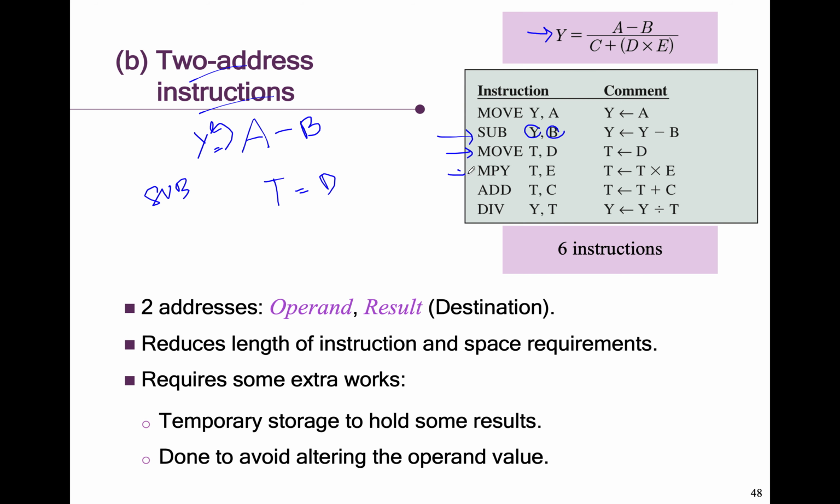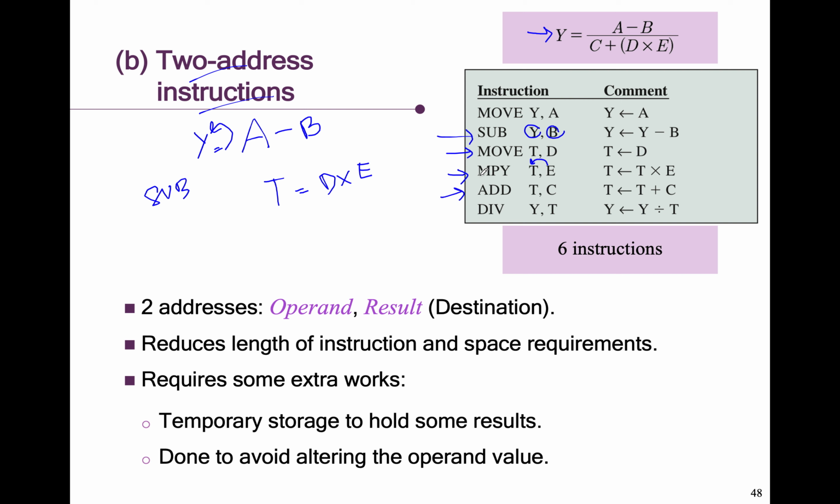Next is your multiplication. You can see you will multiply e with your t, and your t now is d. You just need to multiply it, because after that you're going to store back to your t. This is your new t.